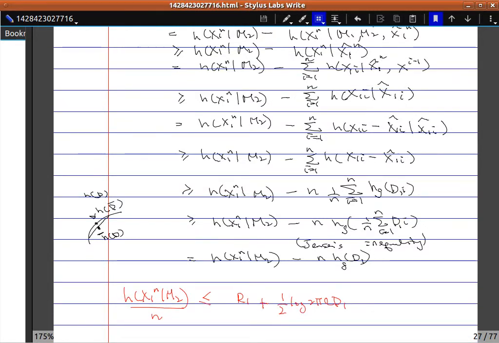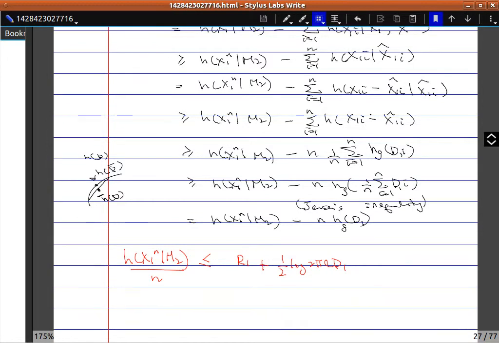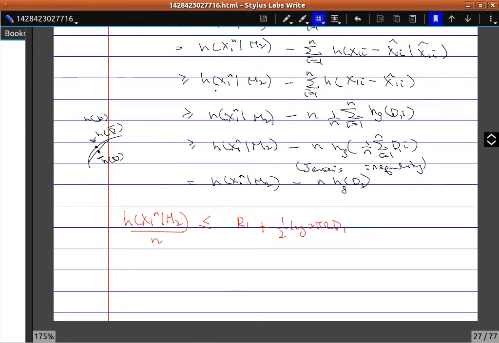Then for this one, knowing X1 hat, this is just a constant. We can add this; it doesn't change the entropy here. Then again, if we remove this conditioning, we reduce the entropy. So therefore, another greater than or equal to inequality sign here.